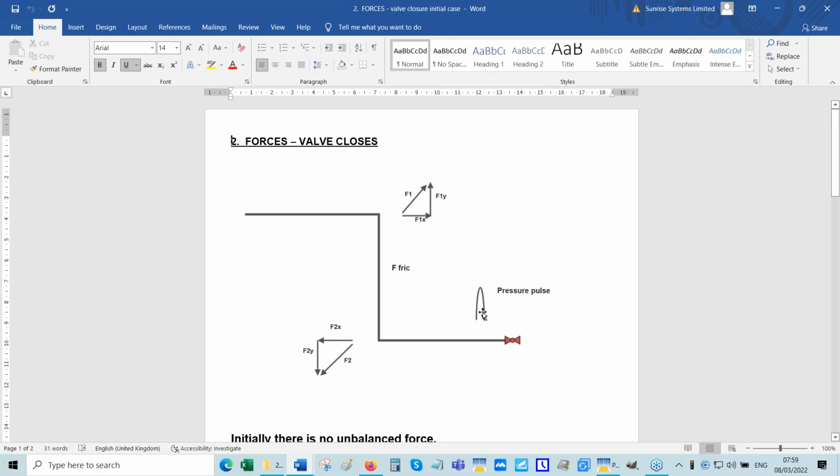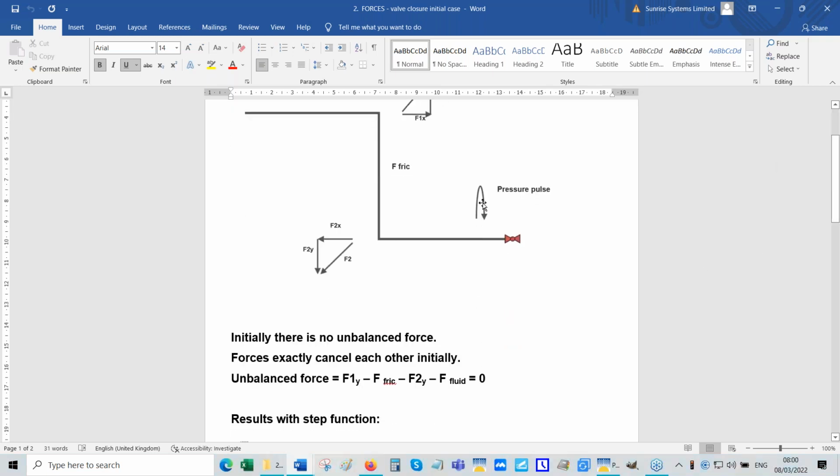And initially, the spike will happen here, and that will move back along the pipe at the wave speed, and it will reflect from that point and come back. And the pressure wave, or the pulse, will be keeping on moving back and forth between the inlet and the outlet of this pipe. And that is a very key point. And that's the reason why we get unbalanced forces. We'll just see that in just 1 second.